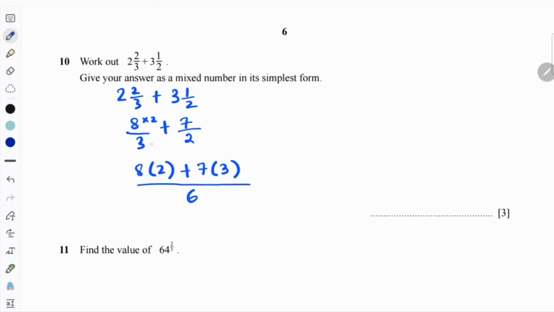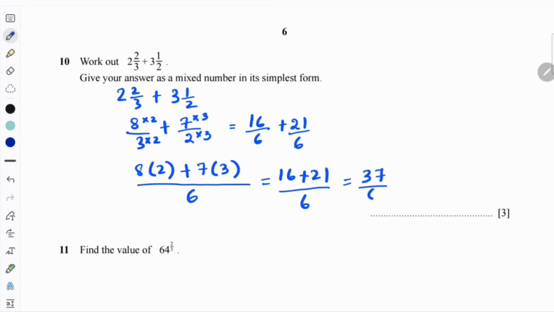We are multiplying this one by 2 and this one by 3. That will become 16 over 6 and 21 over 6. I think you have understood now. So 16 plus 21 upon 6 is equal to 37 upon 6.